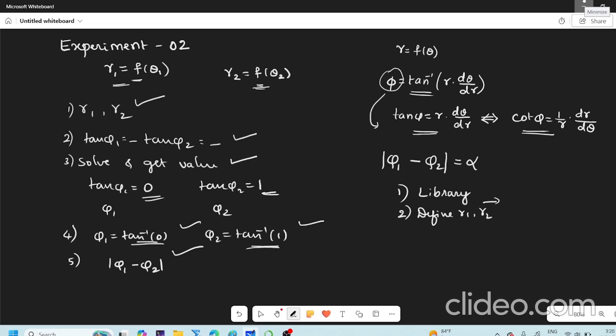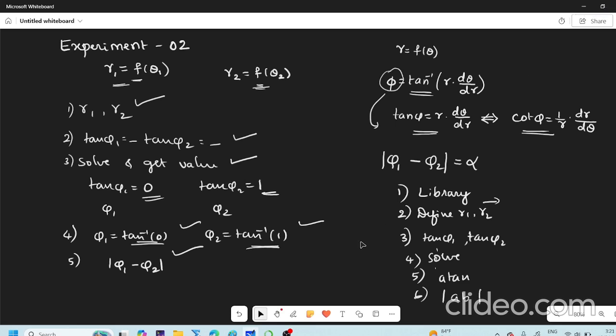Then you have to find tan phi 1 and tan phi 2, following almost the same working procedure. Then solve this expression. After that, take the inverse. For inverse, we write the code atan for tan inverse. Then take the absolute value. This is the procedure I have to follow.